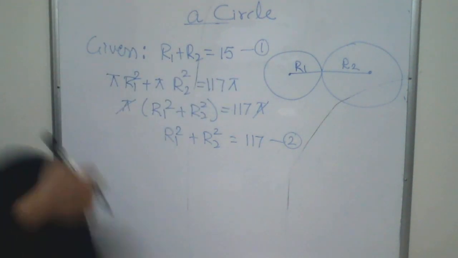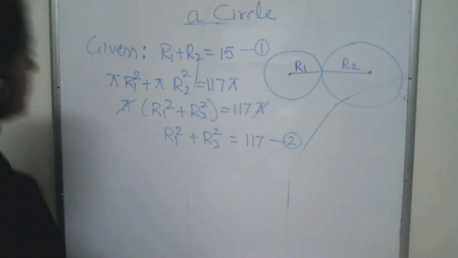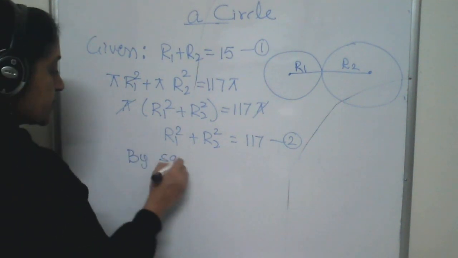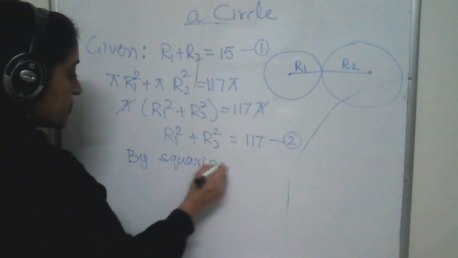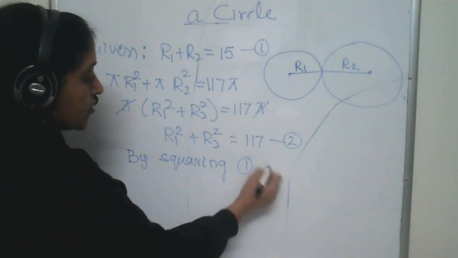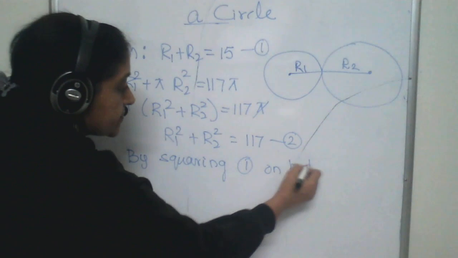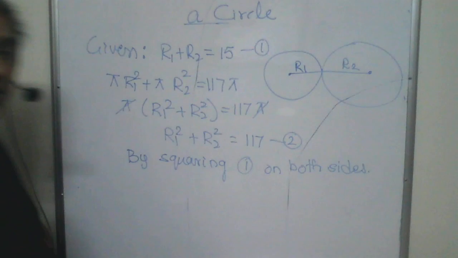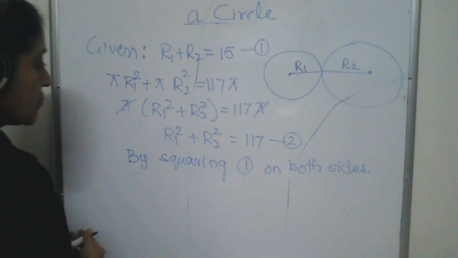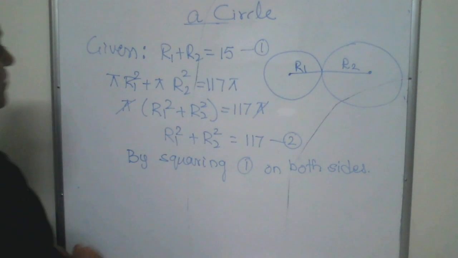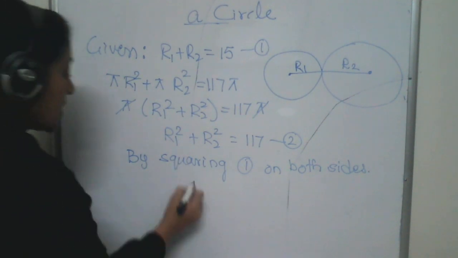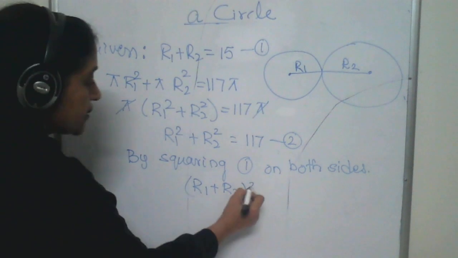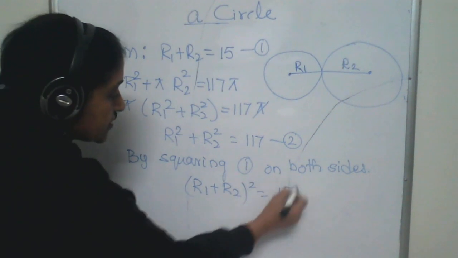By squaring on both sides, r1 plus r2 bracket square is equal to 15 square.